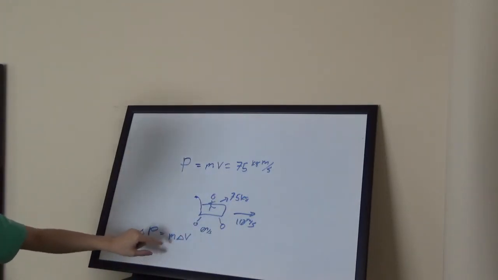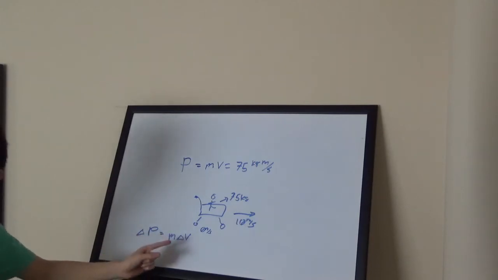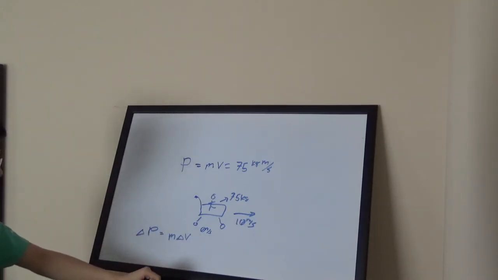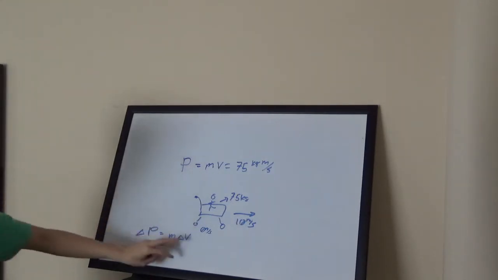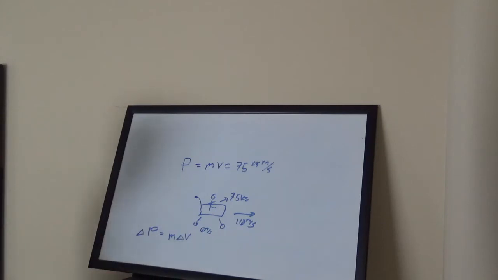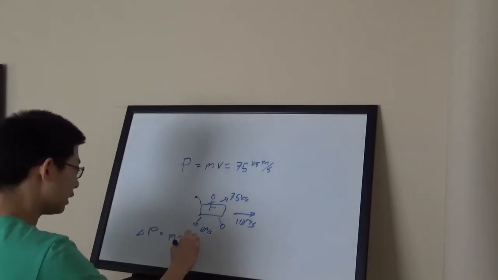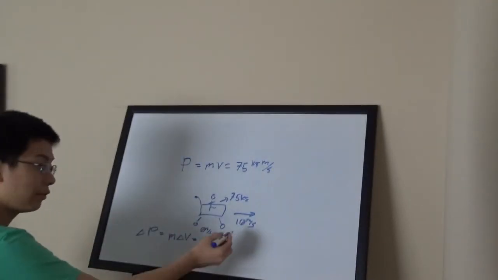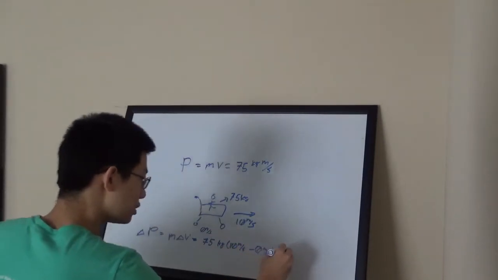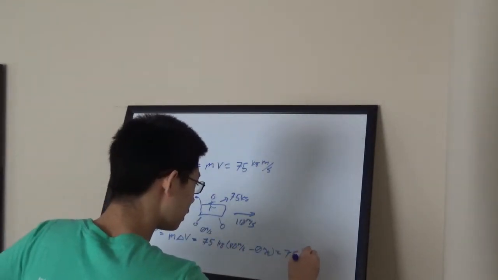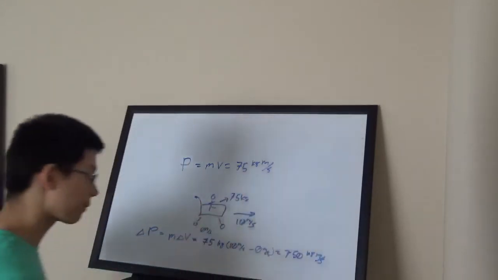Because in these dynamical systems, our mass is generally not going to change. Pushing it or accelerating me or the shopping cart is not going to change the mass of the shopping cart. So generally, we can just think m delta v. That's equal to 75 kilograms times vf, which is 10 meters per second, minus vi, which is 0 meters per second, which is equal to 750 kilogram meters per second.